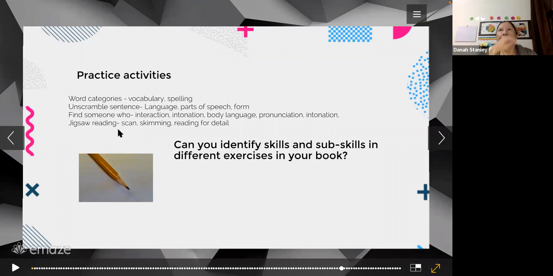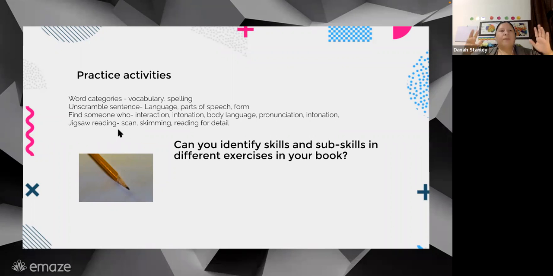Jigsaw reading. In this case, I have a text. I divide the text into different pieces or paragraphs, or the paragraphs are subdivided. I paste the different pieces of the text around the classroom, and they can do it individually or in teams. So they need to read and organize the text correctly, following the correct coherence and cohesion.